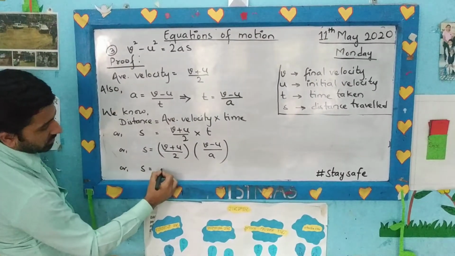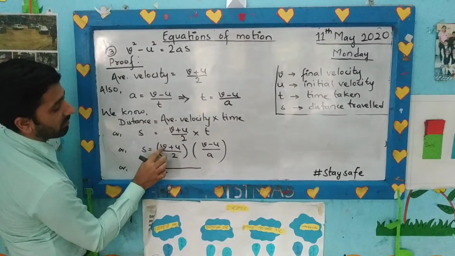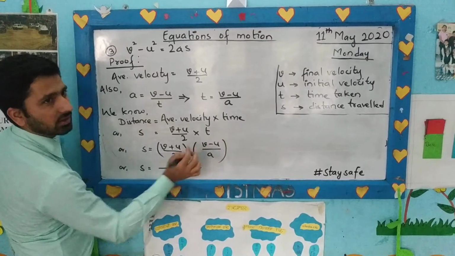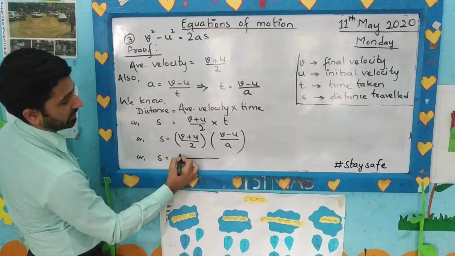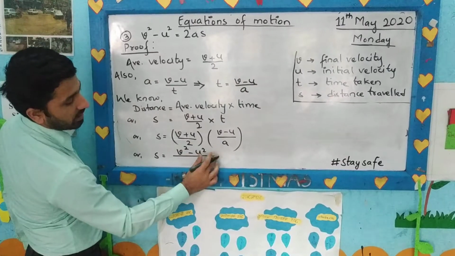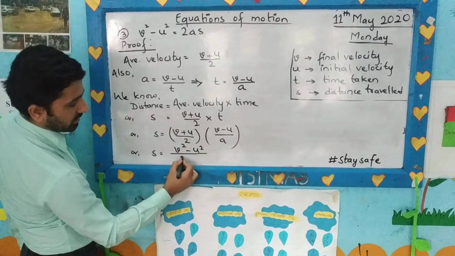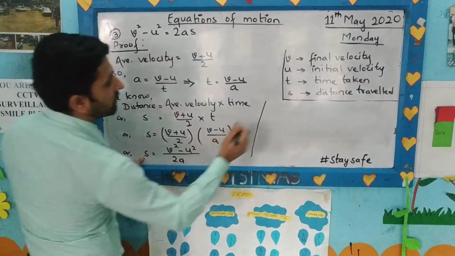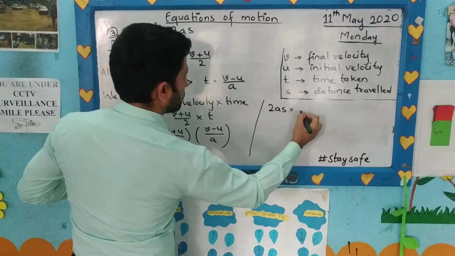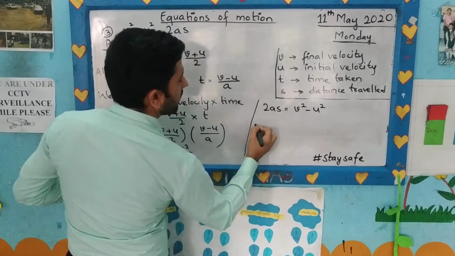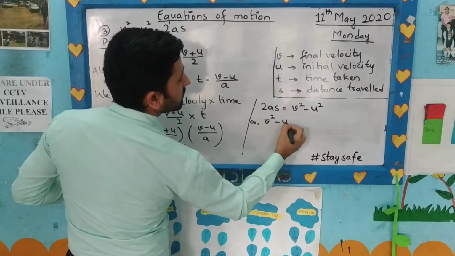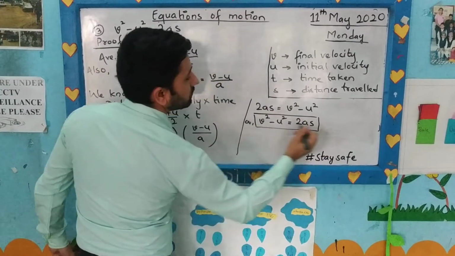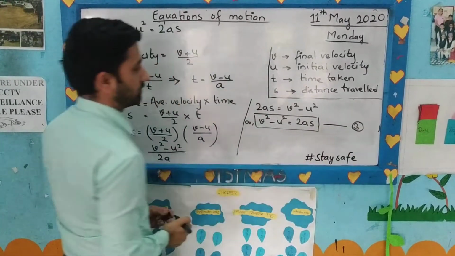That is s equals, now the numerator is in the form of a plus b multiplied by a minus b. That results in a square minus b square. That is v square minus u square in this case. 2 multiplied by a gives 2a. Now let's cross multiply. What we get is s into 2a, 2as equals v square minus u square, or v square minus u square equals 2as. This is the third equation of motion.